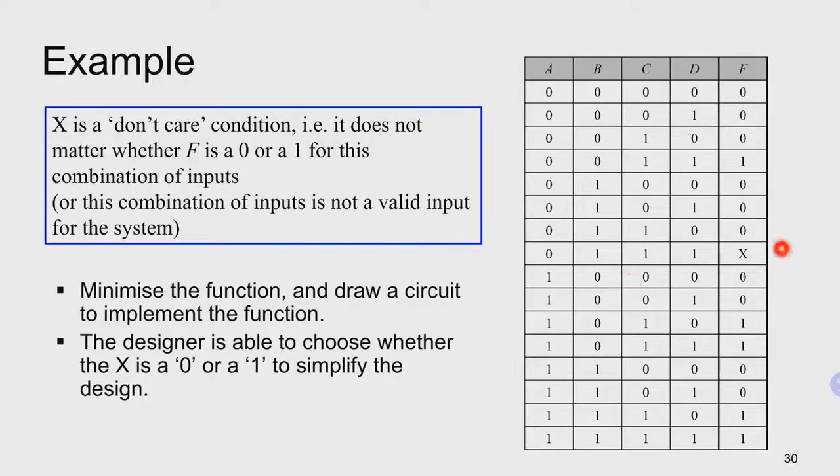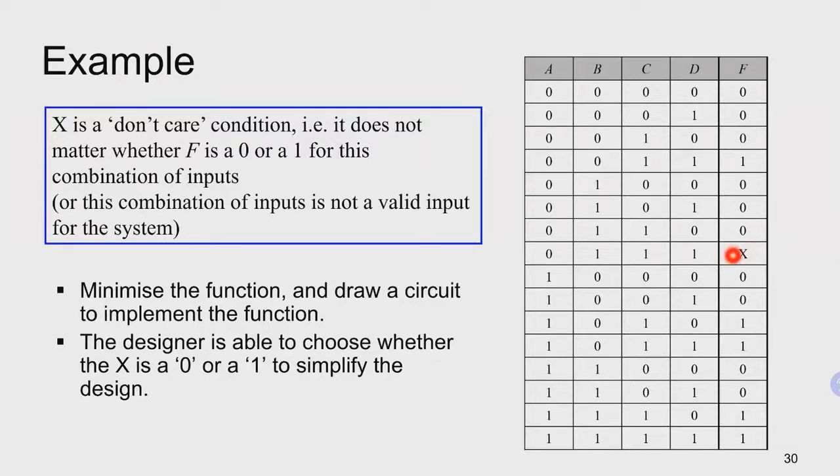In our functions, or in our truth table, we put an X there to represent a don't care scenario. And we use the X to our convenience, meaning that if the X being high will help us to minimize our functions, we'll use X as high.